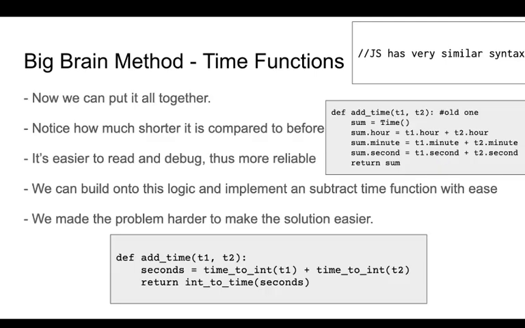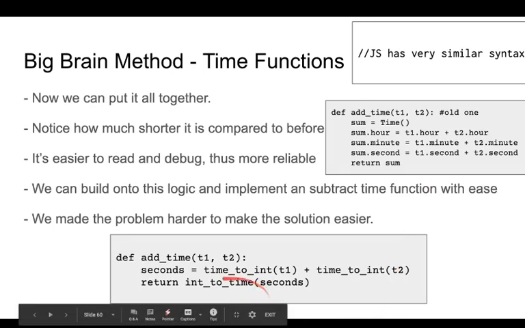And so putting all this together, now that we have the time-to-int and int-to-time functions, our add time is really simple. It's just 2 lines of code. Turn them into numbers, add them together, and then turn them back.